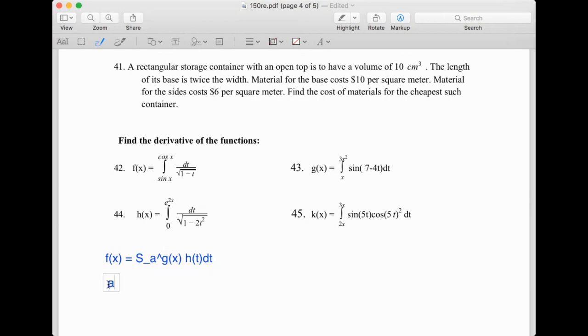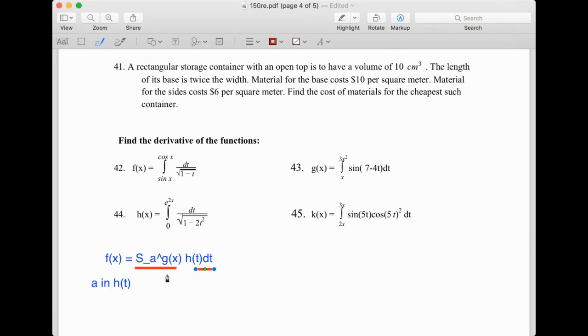So a, the lower limit, has to be in the domain of h, the integrand. It's kind of confusing. We have two variables to deal with: we have x, and we have t, dt. We're treating t as a dummy variable at this moment. It doesn't really do much, but it's just to differentiate from x.